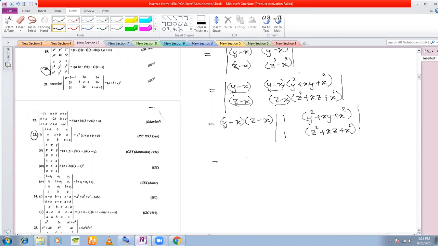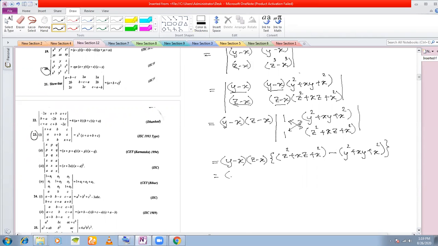So now we expand. Now we multiply and expand the determinant. So you get this into this will give you z square plus xz plus x square, minus this into this will give you y square plus xy plus x square.